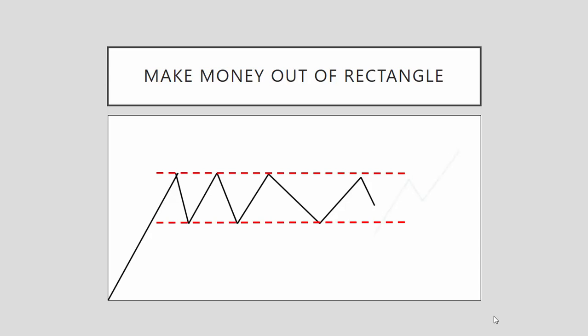If price penetrates the upper boundary, we should expect more rise and we should buy. If the price penetrates the lower boundary, we expect more fall and we start selling. The rules are somehow similar to the symmetrical triangle.